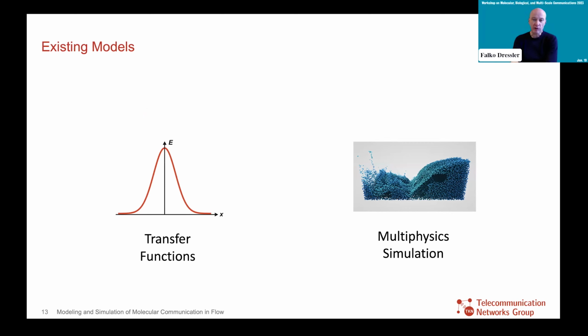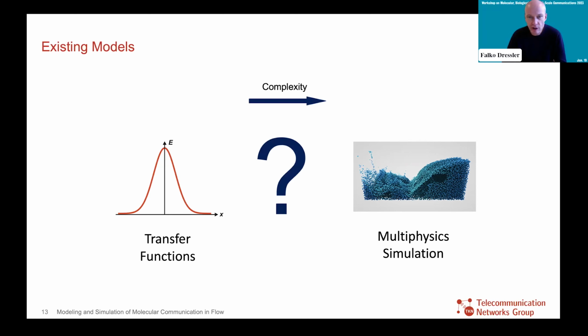Either we do a very theoretical model using transfer functions and statistics, which is not very accurate and not very representative for individual effects, or we do the very complex multiphysics simulation of particles, like in other communities that are investigating very fine-grained microscopic effects in fluid environments.